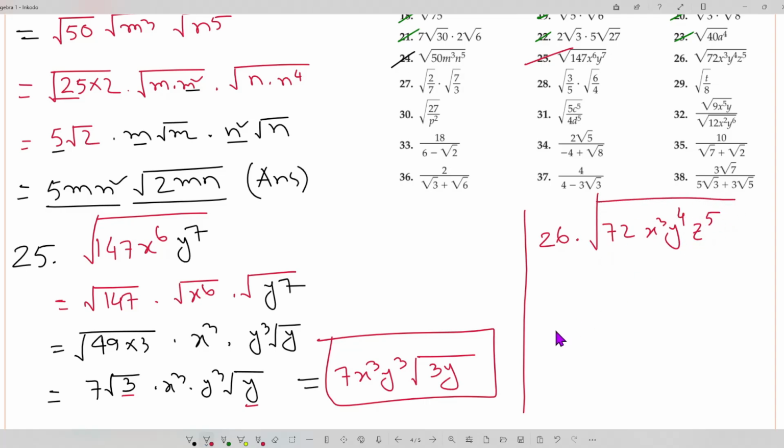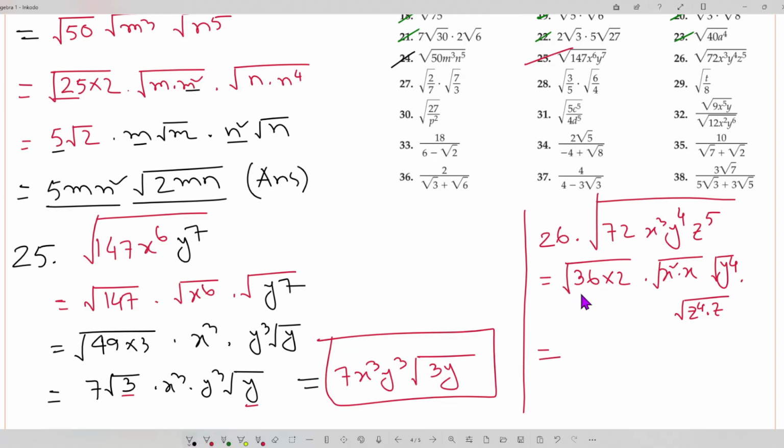So this 72 we can write 36 times 2 square root, right? Then this is x cube, we can write x square times x square root. This y to the power 4, once we make square root, we can write y to the power 4, and then root z to the power 4 times z.